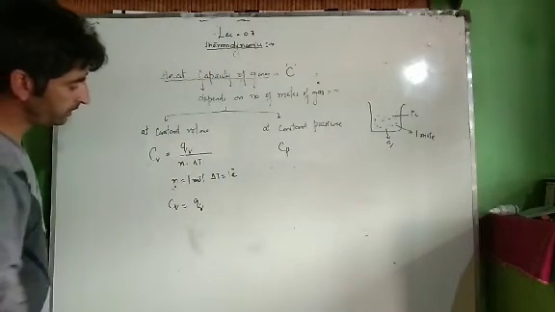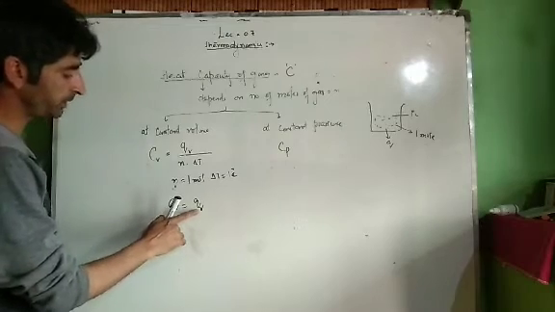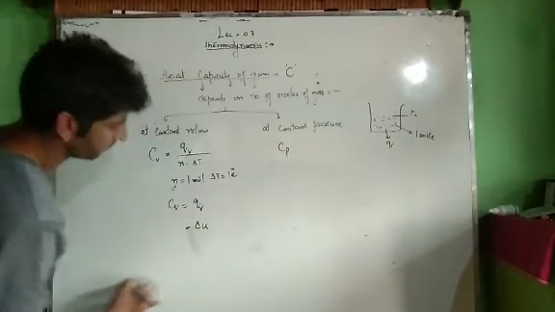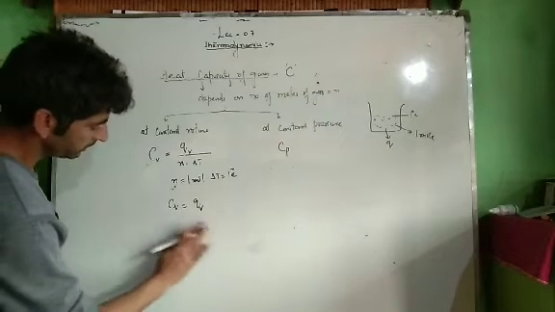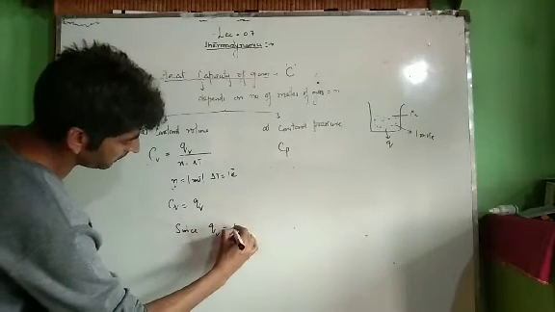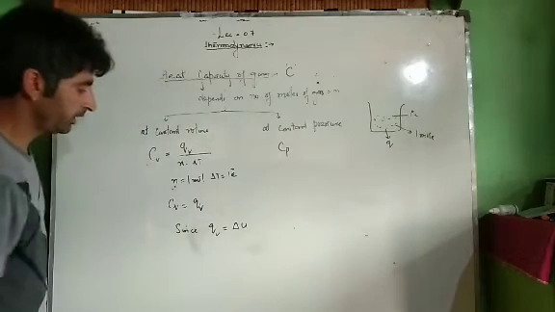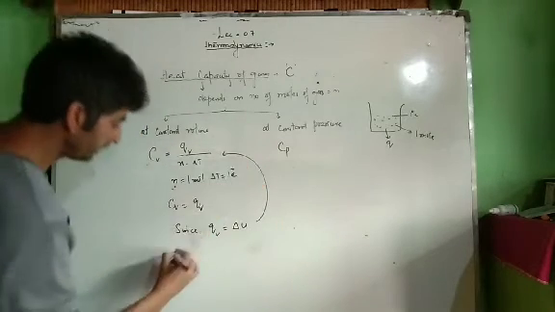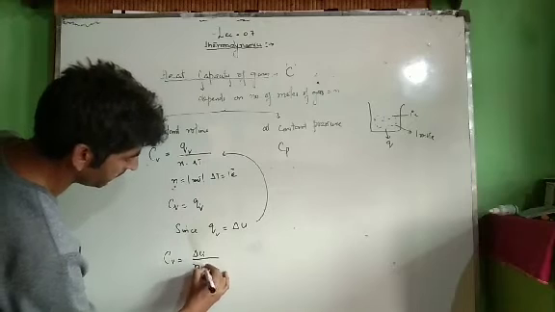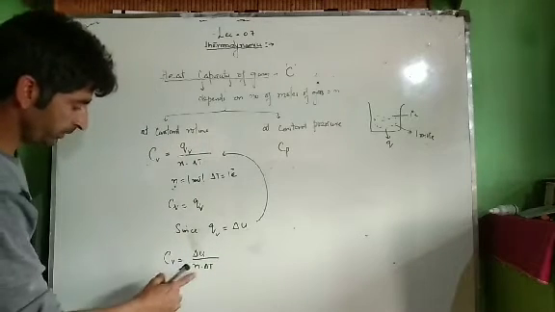Now see, we have already shown that heat absorbed at constant volume is equal to change in internal energy. Since we have already shown in previous lectures, QV is equal to change in internal energy. Therefore, our equation becomes what? CV is equal to del U divided by n del T. Now bring this side.